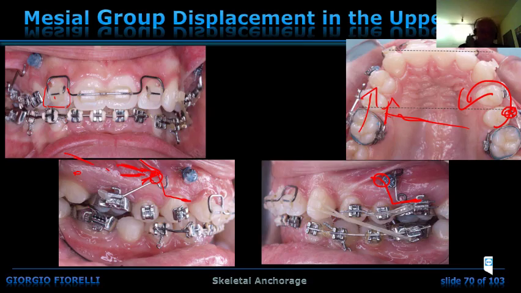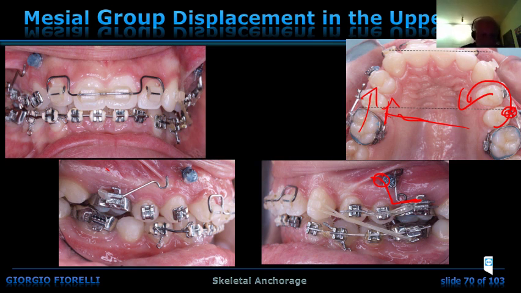Here you see later on, the space is closed, but I'm not very happy because the intercuspation here of the molar is not so good. Again, you can do a lot of things with this. For example, and this has nothing to do with the TADs, but it's always good to talk about biomechanics.